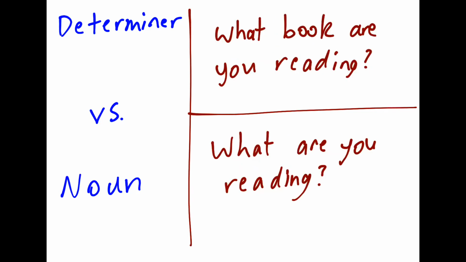Consider the difference between what book are you reading versus what are you reading. In this first example, what refers to the noun right after. In the second example, it's not necessarily a book. This question could still be replaced or answered with a noun, so it's functioning as an interrogative pronoun, but the top one is more of a determiner.